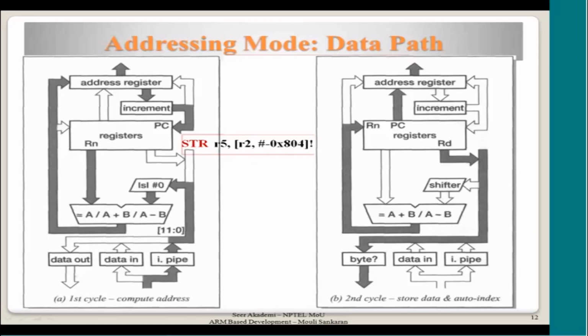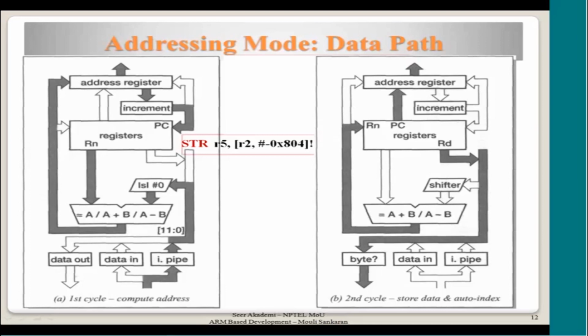This will be the same because computing the address is the same. Now instead of store, you compute the address and then give me the word at that address and copy it into R5. Okay, for a moment assume that it is an LDR.